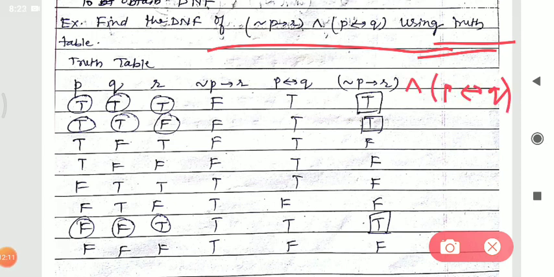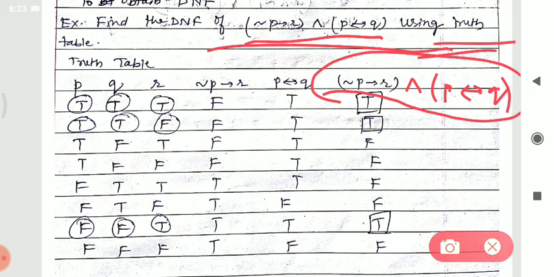Yes, now we have made the truth table for this. And now please rectify this. The last column is this one. I have forgotten to write this, so please make it clear that this is the truth table. Now how to find DNF? You can make this correction in your notes, that this is negation p implies r, and only this expression is written in the last column, as you know what we do in a truth table.